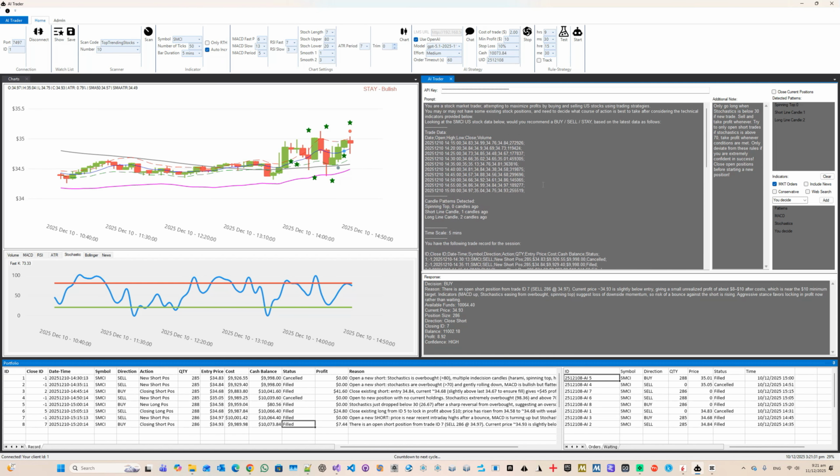For now, this is doing pretty well, and you can see we've been running this starting at 14:30. It is now 3:21, so it's less than an hour that it's run, and it's made $73.